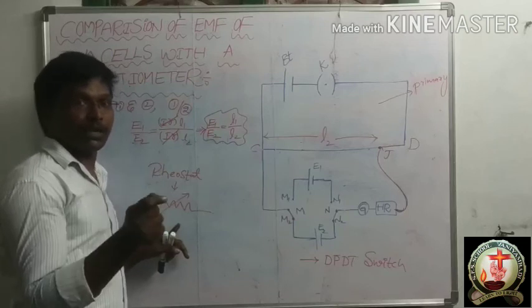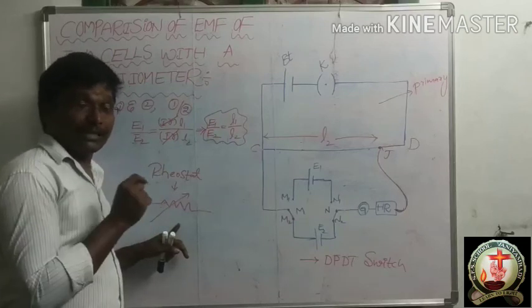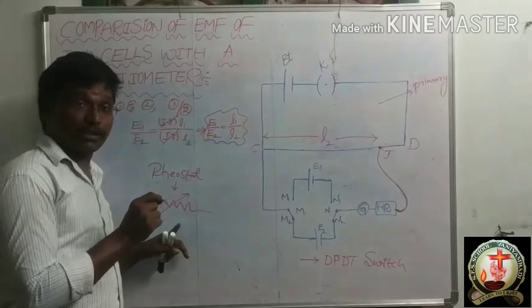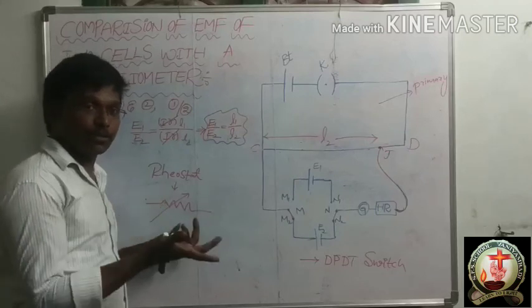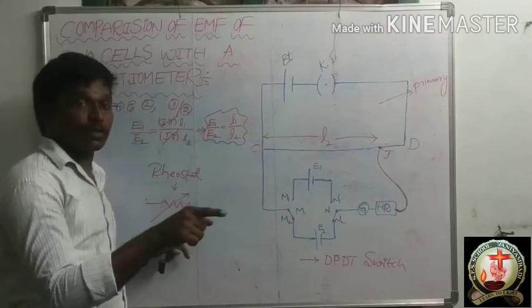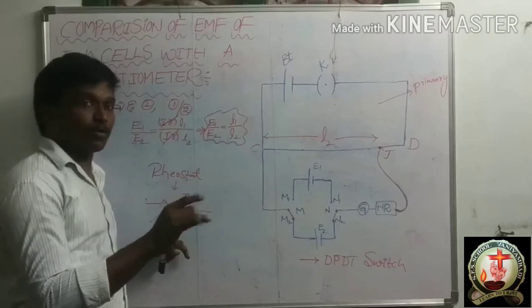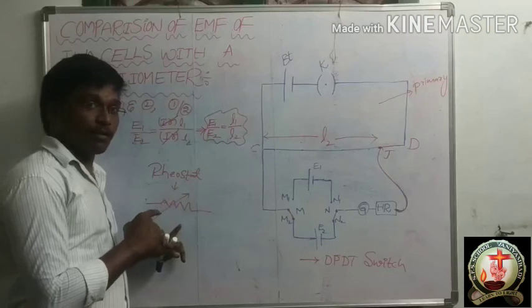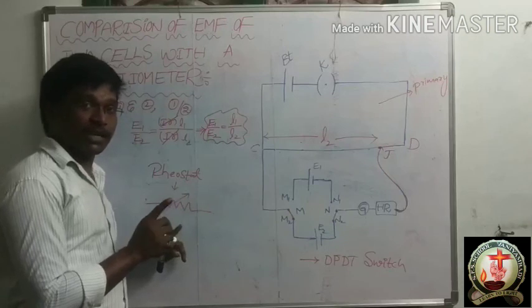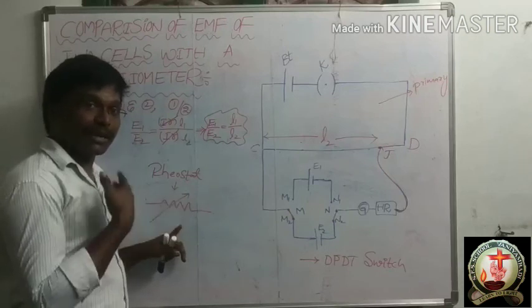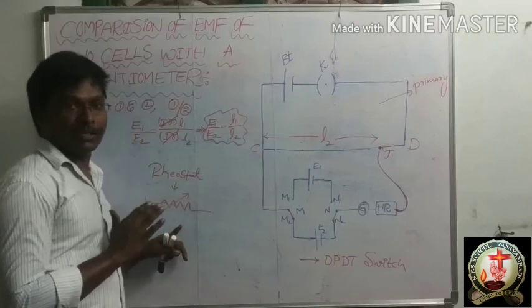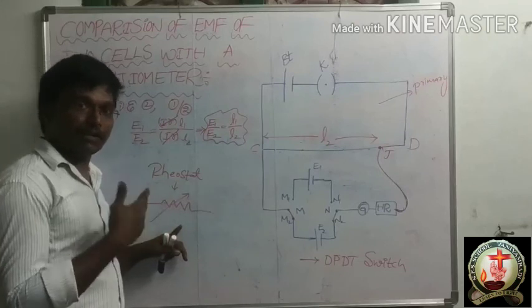Once again, we can connect this rheostat to any electrical circuit, and in that circuit we can change the values of current. So what is the use of this rheostat? We can change the values of current in any electrical circuit.